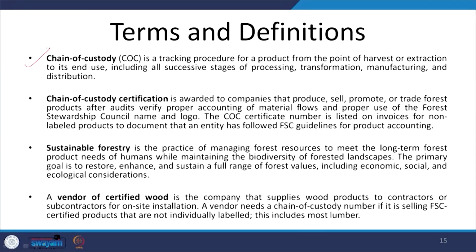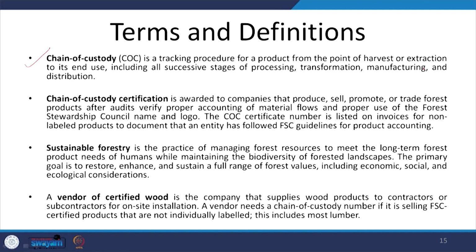Now, before I go on to explain the concept of certified wood, let us quickly look at a couple of terms and definitions. The first one is chain of custody. Chain of custody is a tracking procedure for a product from the point of harvest or extraction to its end use.